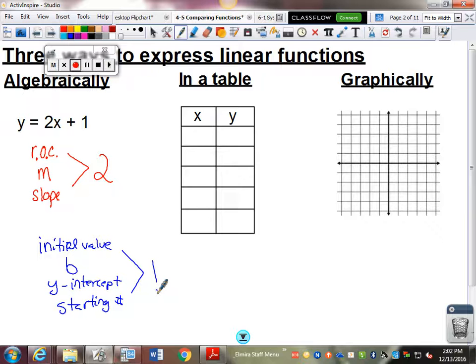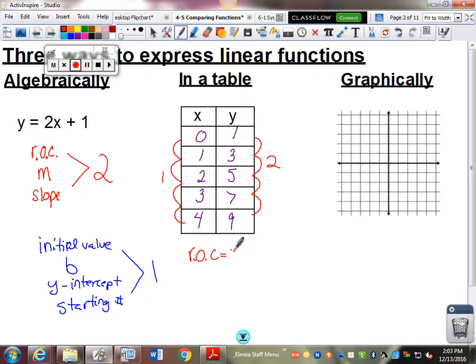Okay, and if I make a chart over here, and I calculate our rate of change. The y side is counting by 2's, the x side is counting by 1's.